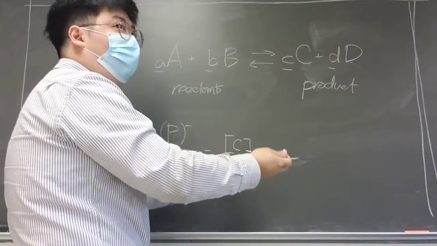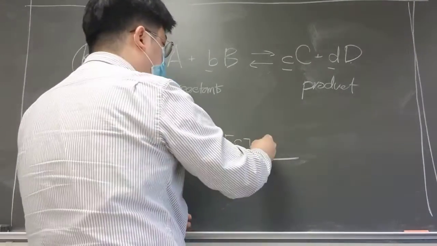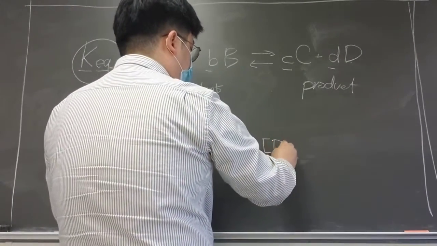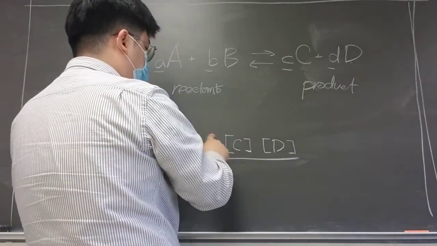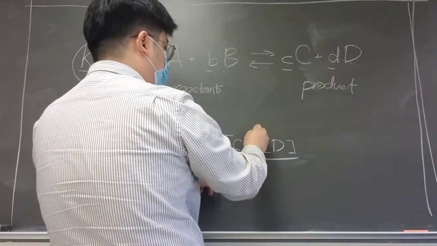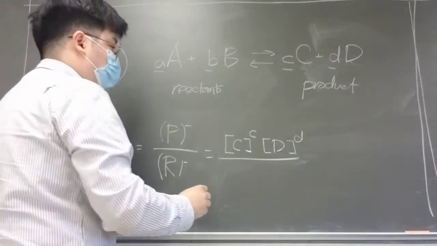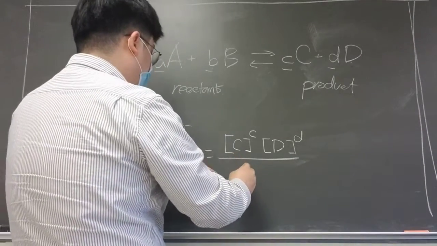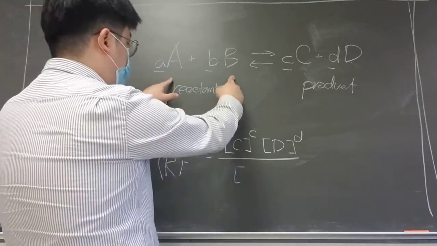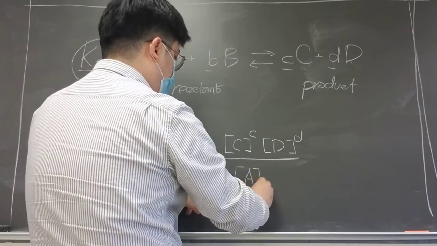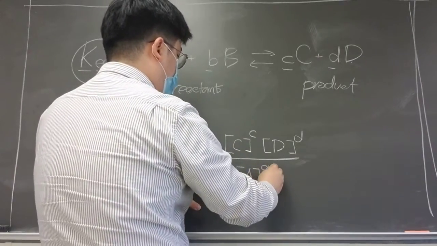So if it's 1 molar, there will be 1 molar there. Same thing here, and make sure this will be powered by its coefficient number, C. And also, you have the reactants at the bottom, A, which will also be powered by its coefficient number, A.